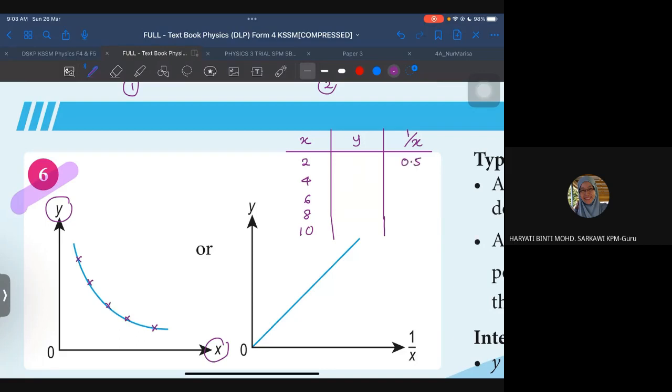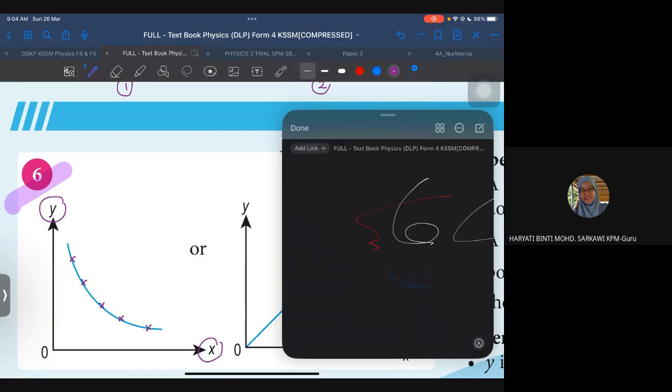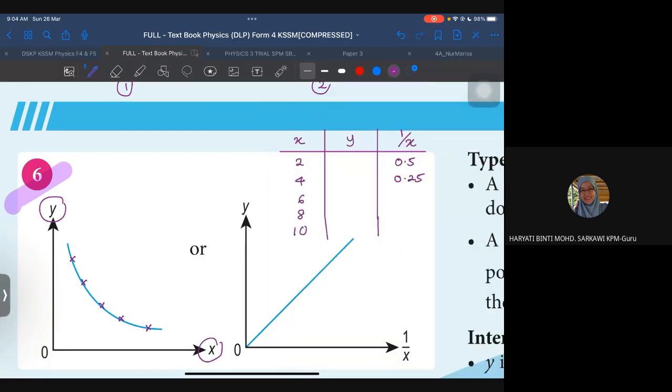And then 1 divided by 4? 0.25, right? 1 divided by 6? Tolong cikgu. Okay, 0.167. 1 divided by 8? Okay, 1 divided by 10? Okay, 0.1. Like that.